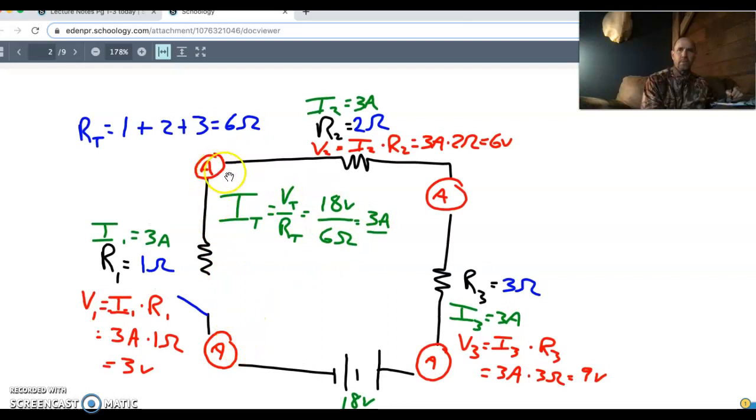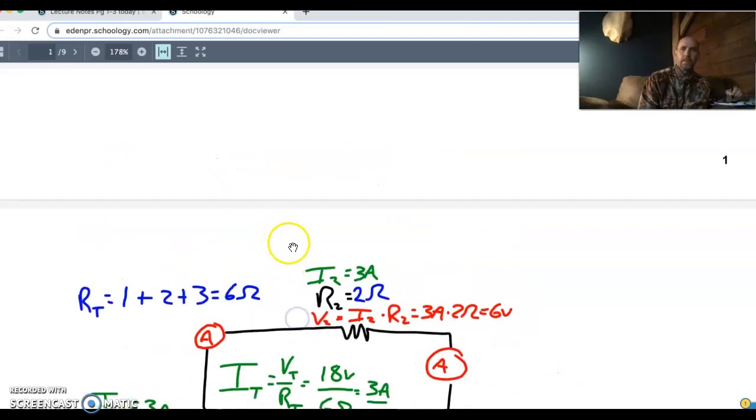So each of these meters would record 3 amps. I stated that here: current at resistor number 1 is 3 amps, current at resistor number 2 is 3 amps, and current at resistor number 3 is 3 amps. The current's the same everywhere. That's what we would expect. So that's the current value.